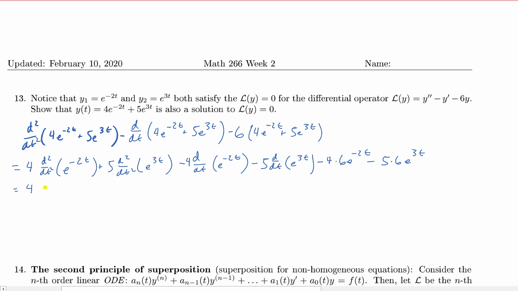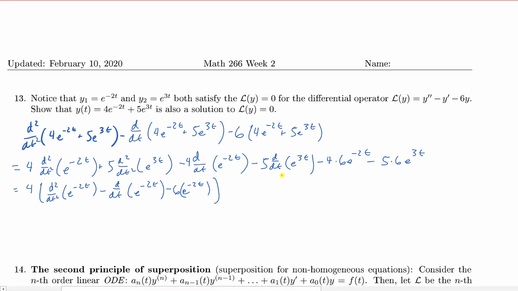That gives me 4 times d squared dt squared of e to the minus 2t minus d dt of e to the minus 2t minus 6 times e to the minus 2t. Okay. So I've taken together all of the e to the minus 2t terms, collected them together, and then factored out that common factor of 4.